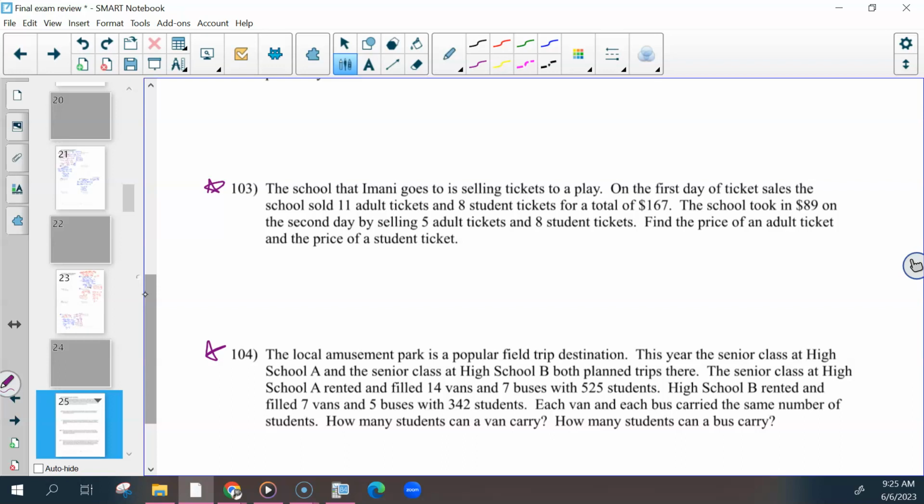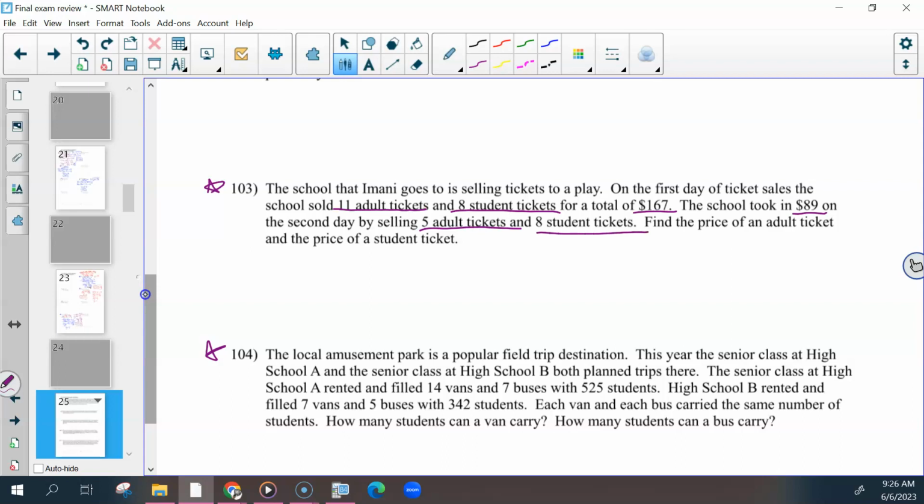It just depends on how many numbers you're given and things like that. So as you get these, I would read through it, circle, highlight, underline any numbers you see, and then anything else you feel is important. For 103, important things: 11 adult tickets, 8 student tickets, total of 167. Other important things: $89, 5 adult tickets, 8 student tickets.